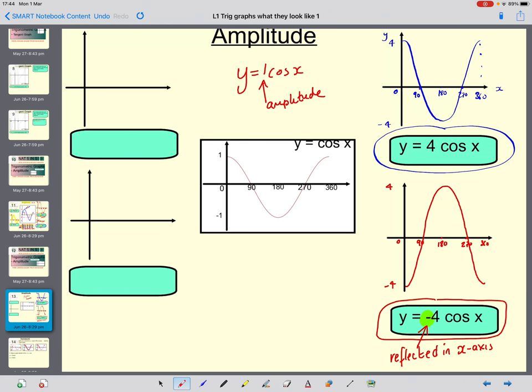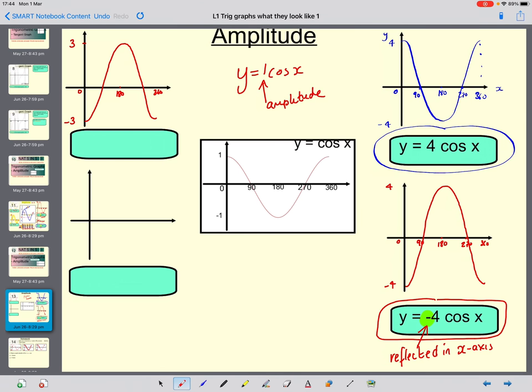Okay, so if I was to draw one over here, so like I said, here we go. You must recognise it's a cos graph that's been upside down. If I said to you 3, -3, and again, still got a period of 360.